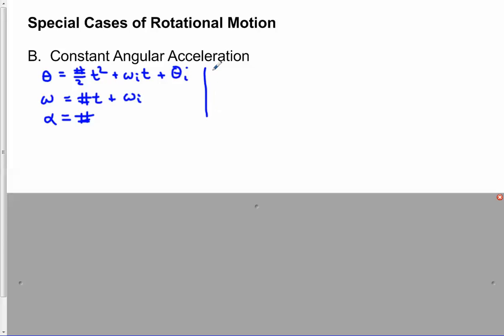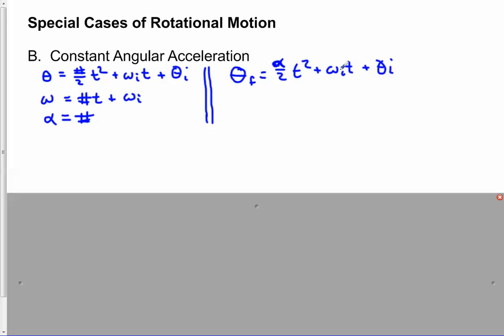Now, maybe even more usefully, we have our 4 formulas from 1D motion, constant acceleration, that compare an initial to a final. And we can have those as well here. 2 of them were just repeats of our equations of motion. So we could have theta final equals, I'll put in alpha for that number I was using, alpha over 2 t squared plus omega i t plus theta i.